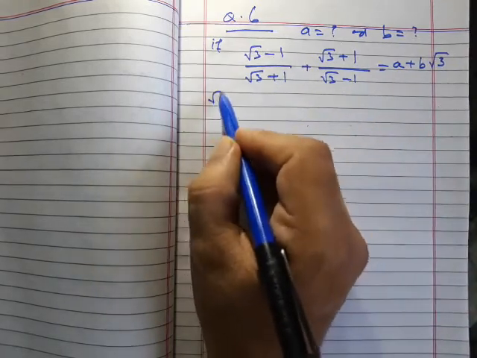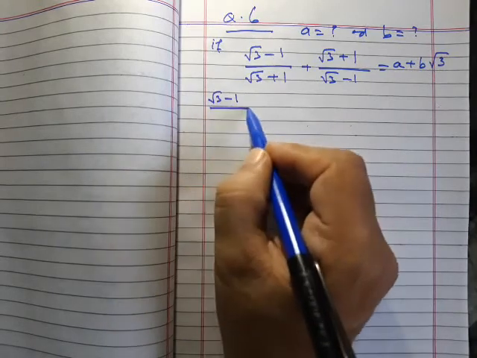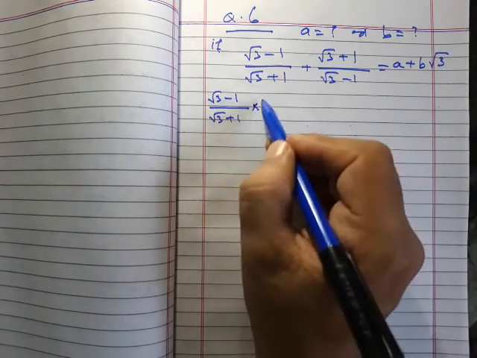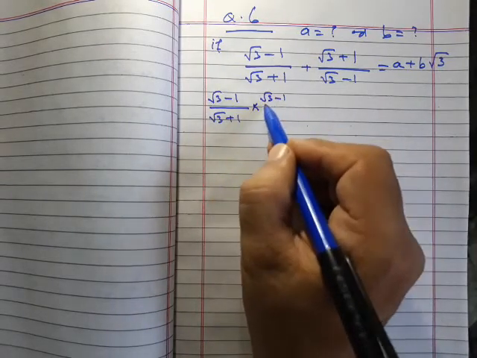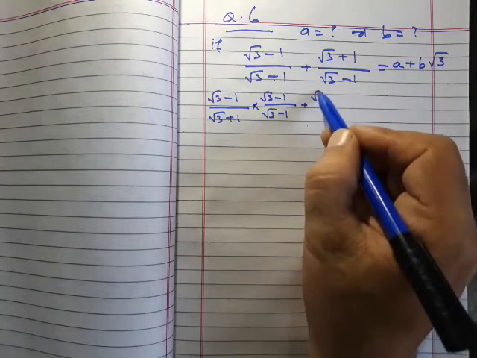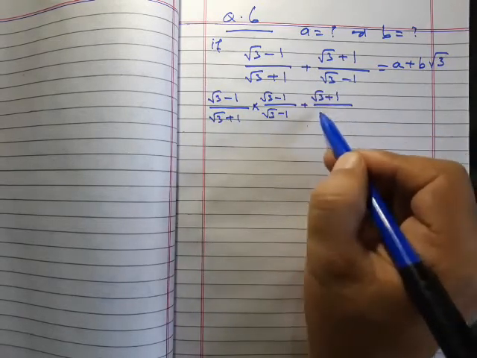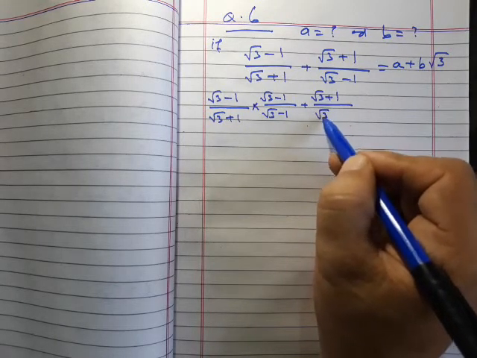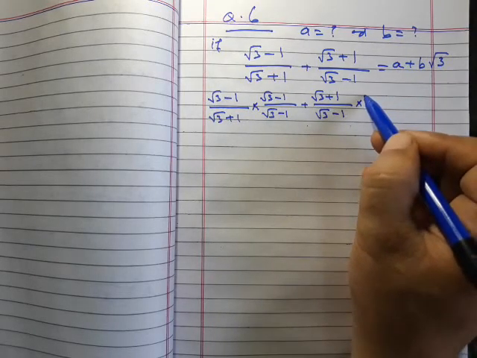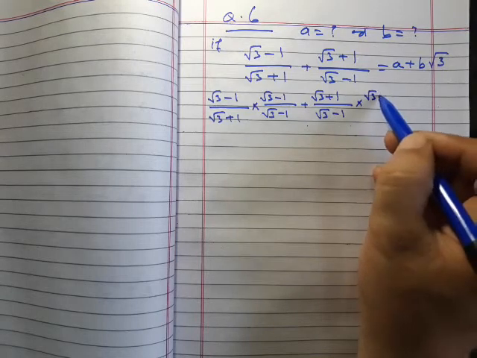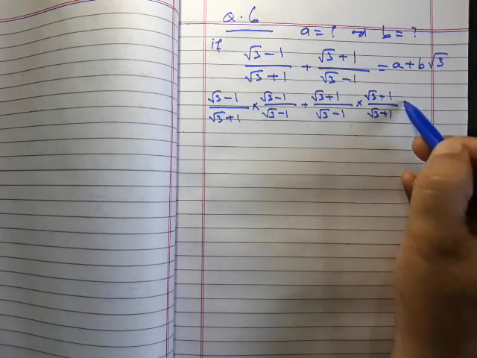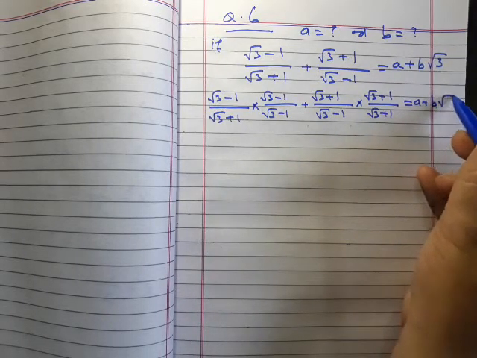Same way, beta: under root 3 minus 1 over under root 3 plus 1, multiply its conjugate, that is under root 3 minus 1 over under root 3 minus 1, plus the next fraction, under root 3 plus 1 over under root 3 minus 1, multiplied by under root 3 plus 1 over under root 3 plus 1, is equal to A plus B under root 3.